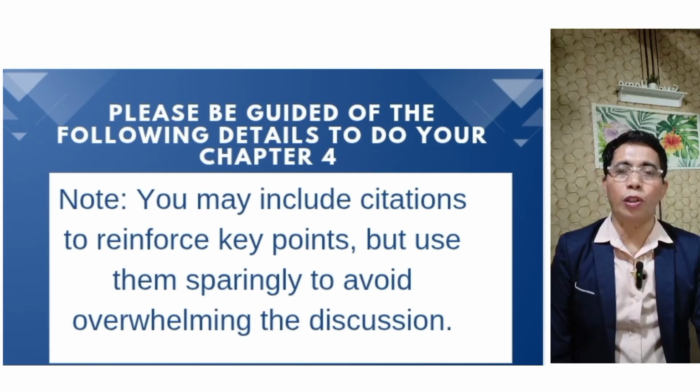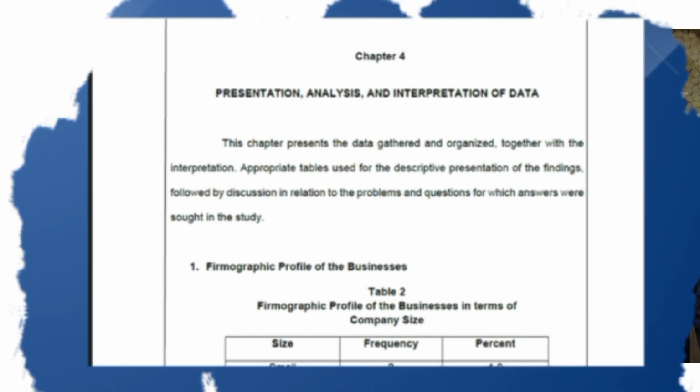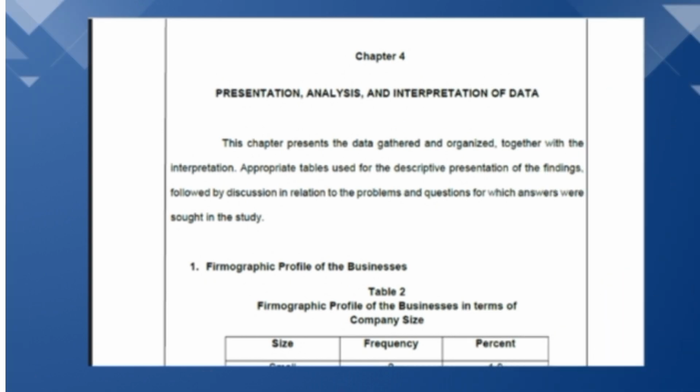Let's take a look at the sample. As you can see, the presentation of Chapter 4 is seen in this picture. At the top is Chapter 4, followed by the title, Presentation, Analysis and Interpretations of Data. Then you need to have the introductory statement of your chapter.